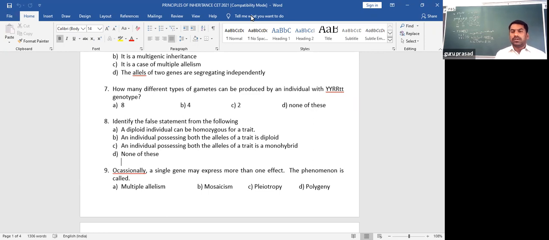So, polygenic inheritance, not polygyny, actually it is called polygenic. That is a phenomenon where more than two genes are involved for a character, affecting a character. That is polygenic inheritance. Like the skin color in humans is an example, where it is controlled by three different genes.